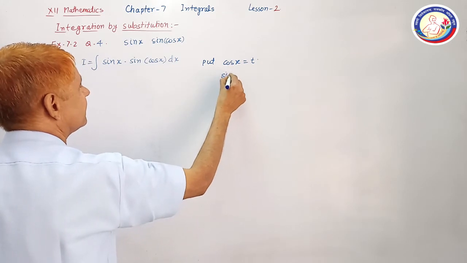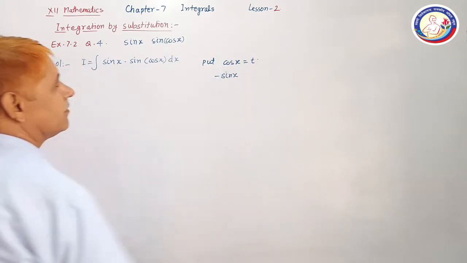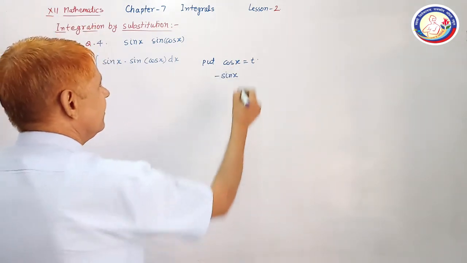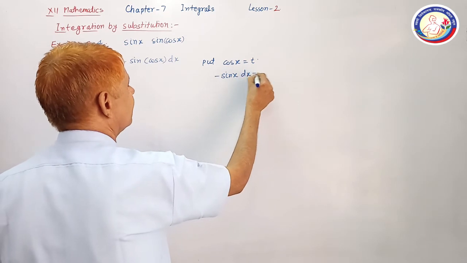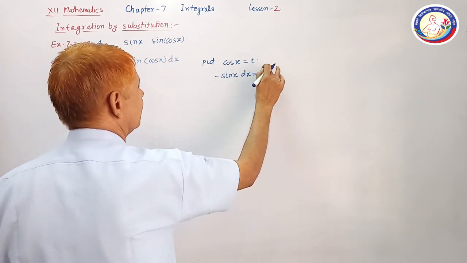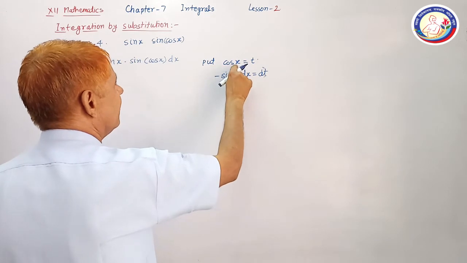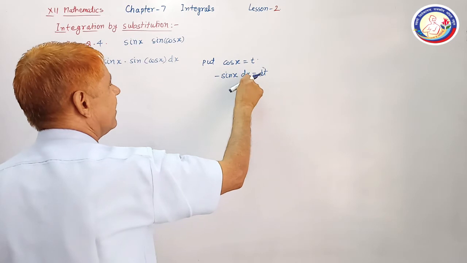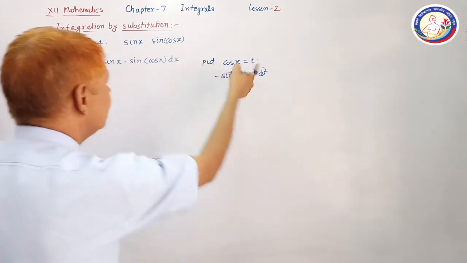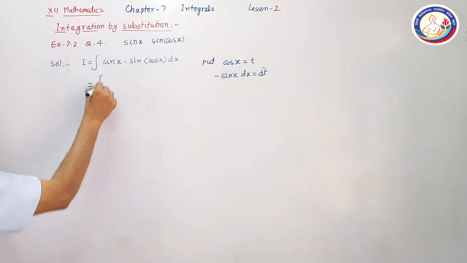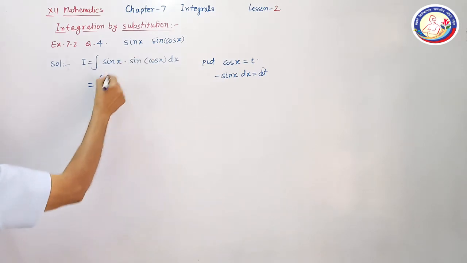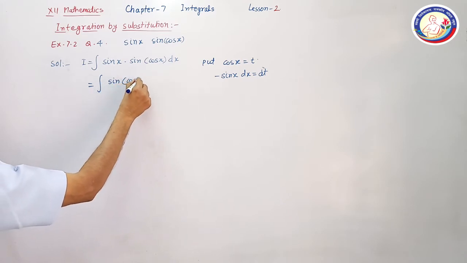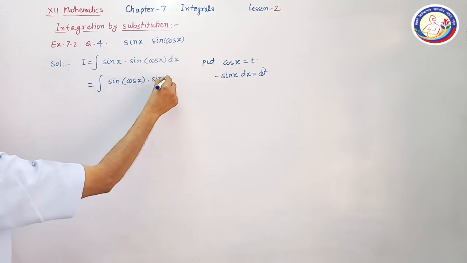So minus sin x dx equal to dt. I am writing directly because the derivative of cos x is minus sin x and the derivative of t is dt by dx. We can write dx here. Put this here. So what will be I? We can write it once again: integral of sin of cos x into sin x dx.